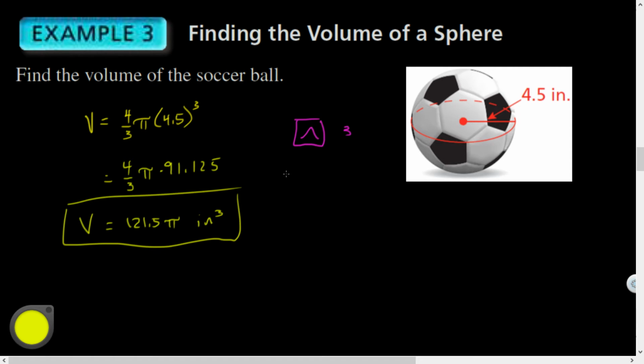And then you could get a decimal approximation of that as well if you want. So that is about 381.704 inches cubed. Right, so that's the volume of this particular soccer ball.